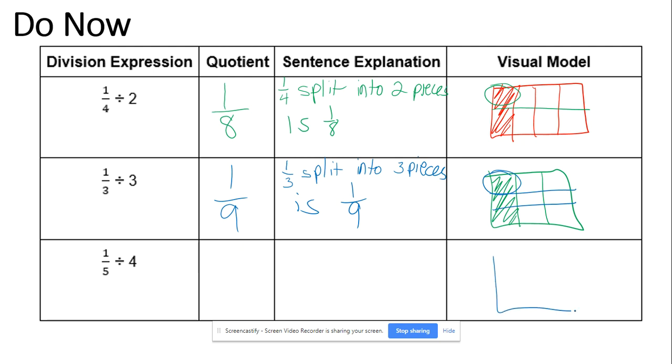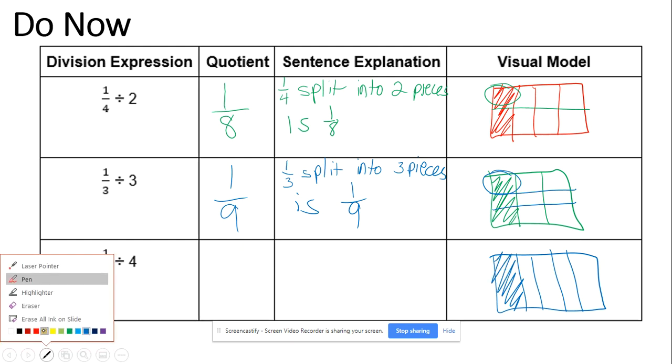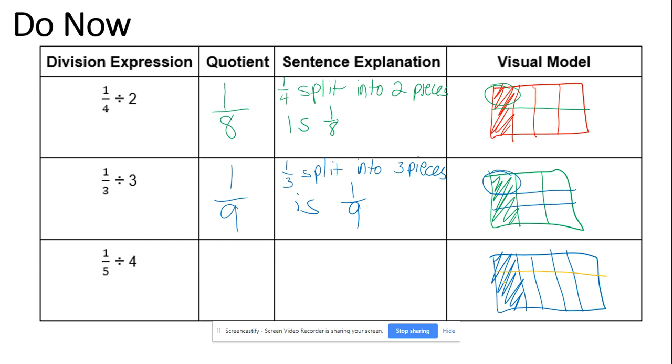Finally, 1/5 divided by 4. So we have 1/5, and we're going to be putting this into 4 groups. Each group is going to be getting 1 out of 1, 2, 3, up to 20 parts.